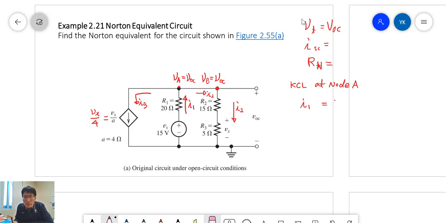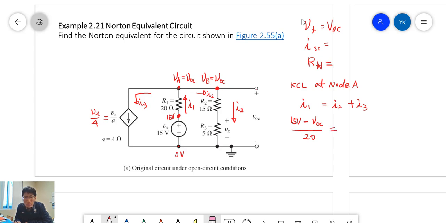Current coming in, current coming out. We can express the current from one end of the resistance and the other end. One end of the resistor is at 15 volts, and the other end is connected to the reference, 0 volts. So it is 15 volts minus VA, which is VOC, over the resistance 20.